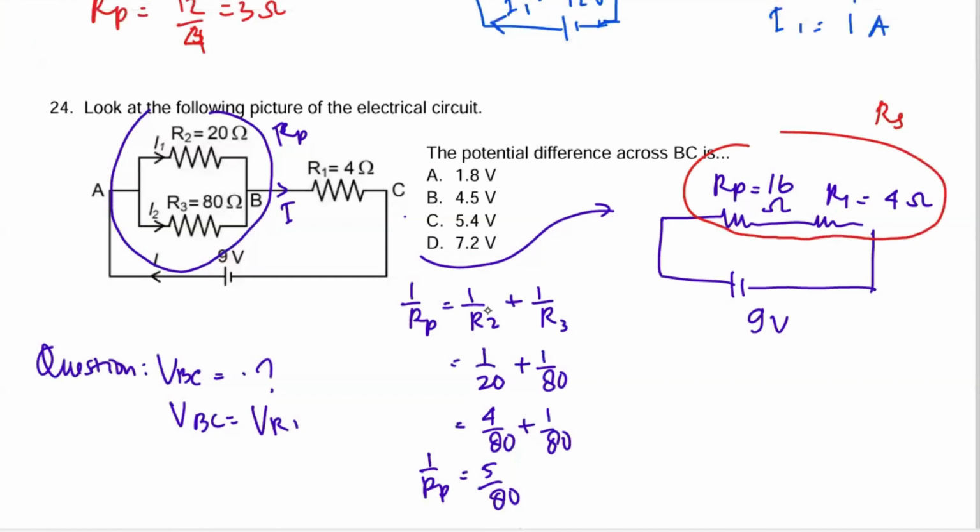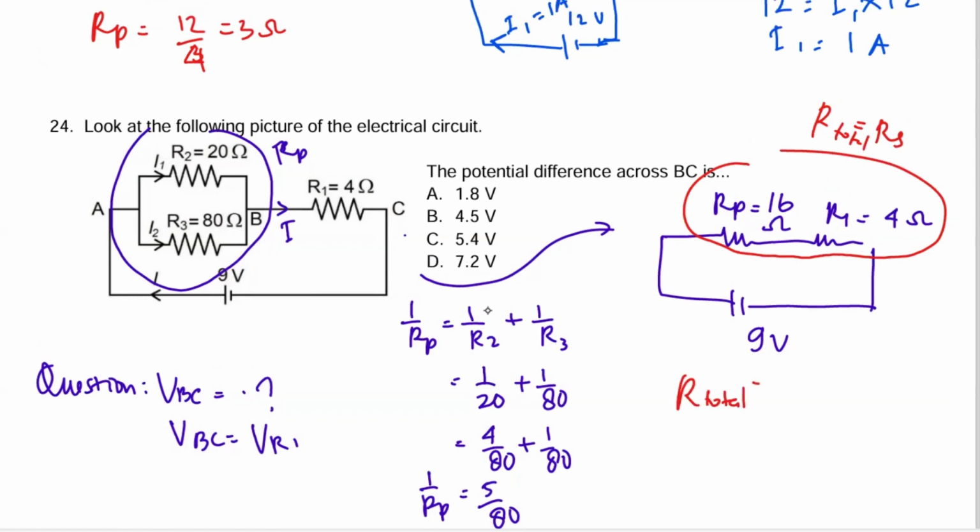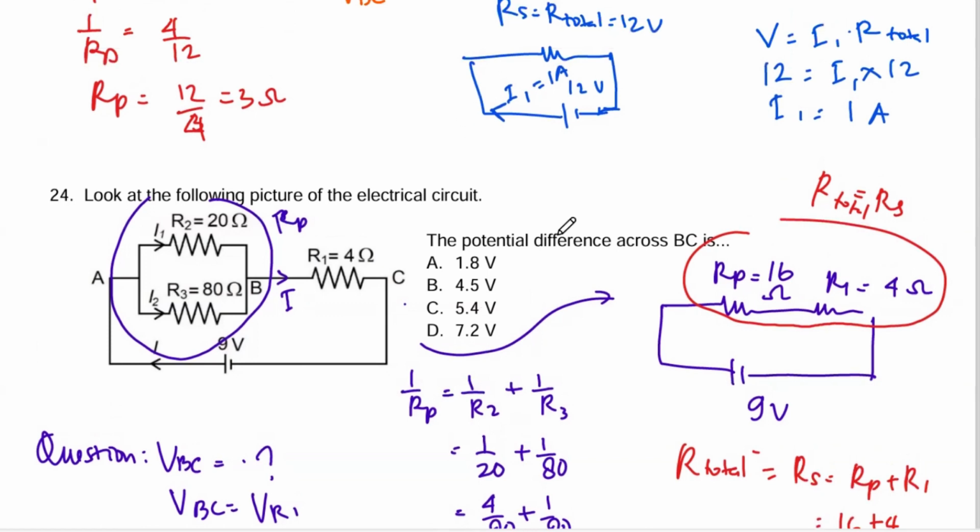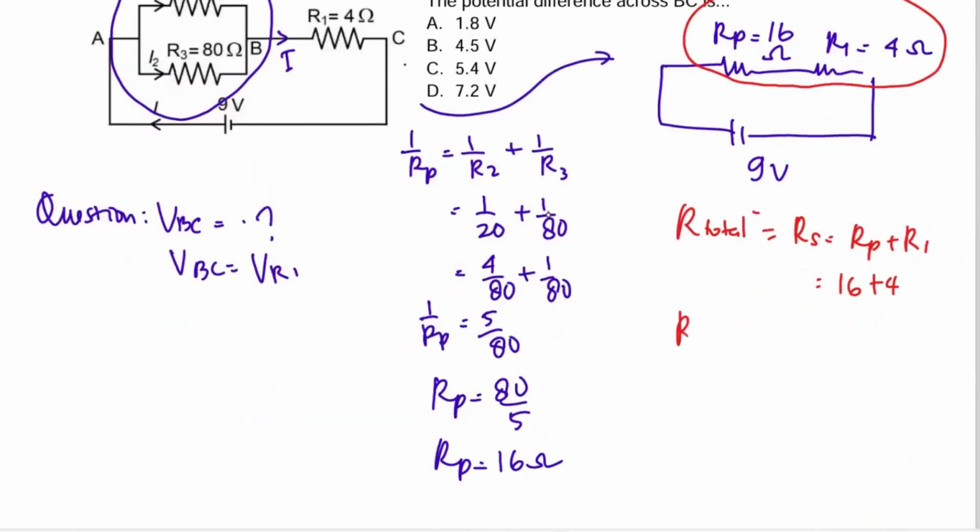The RS, or this is actually the R total. So RS equals Rp plus R1. So 16 plus 4. So the R total equals 20 ohm.